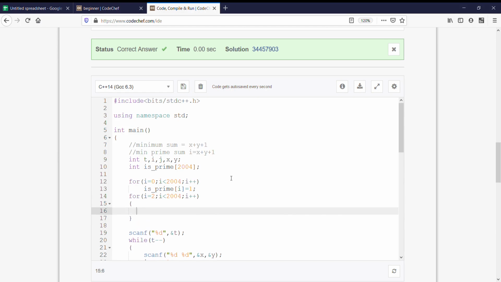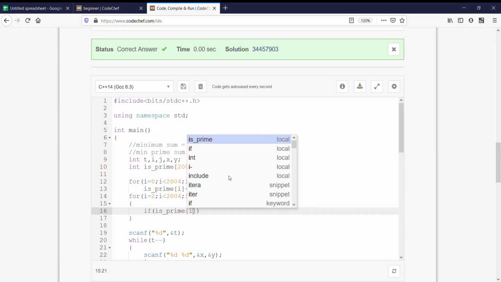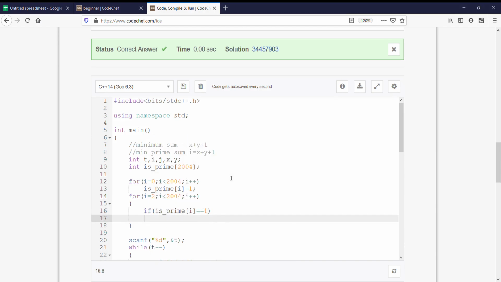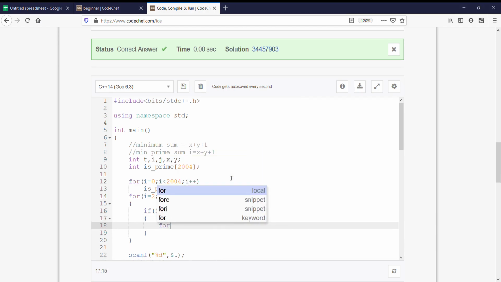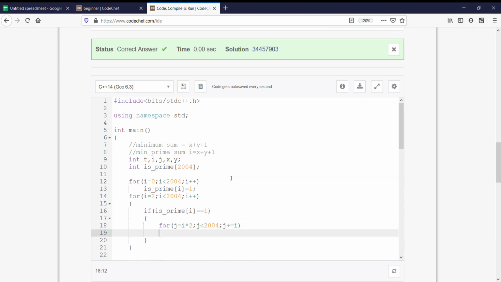If it's a prime number, then only we have to do something. So if isPrime of I equal to 1, that is red, then for its multiples, j starts from I into 2, its first multiple, till j less than 2004, j plus equal to I, since every next multiple is a difference of I, we make those values equal to 0, as white color.